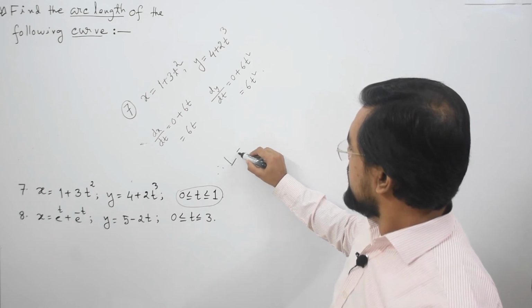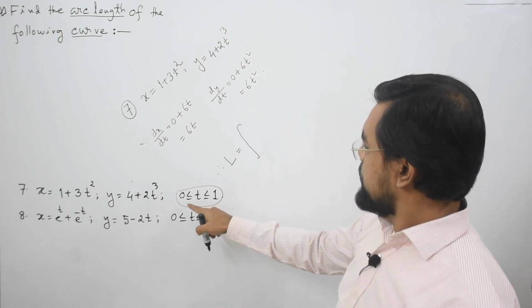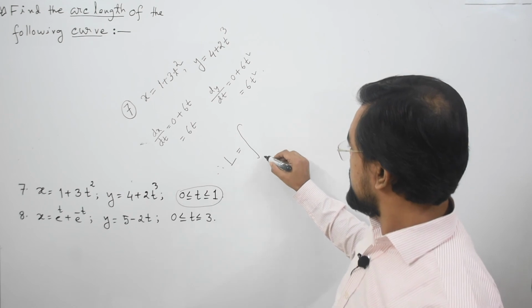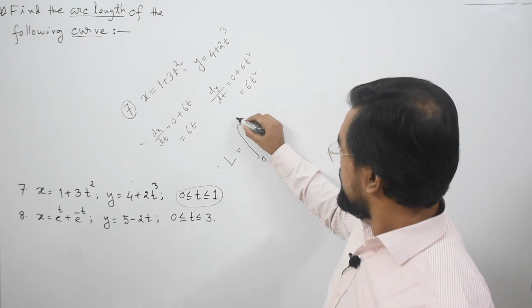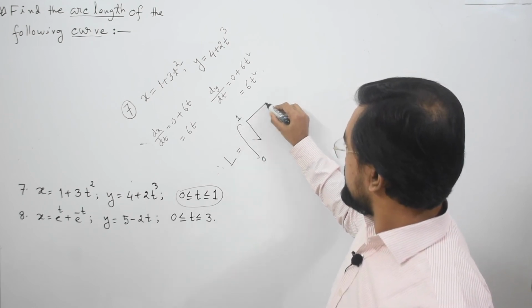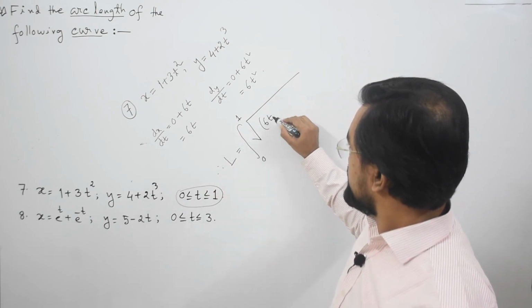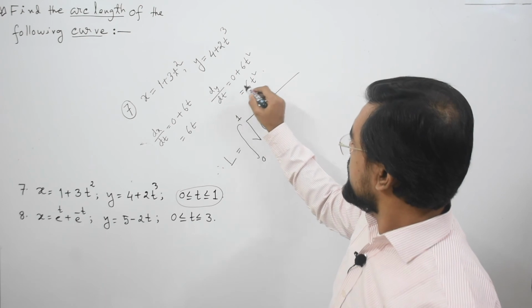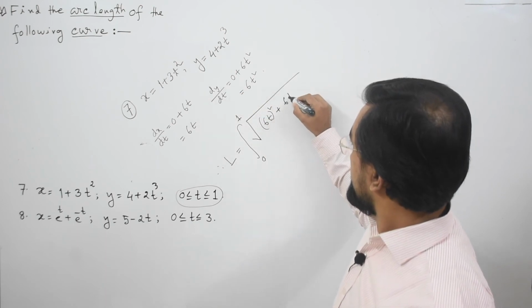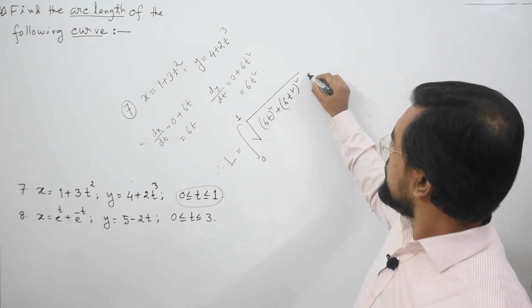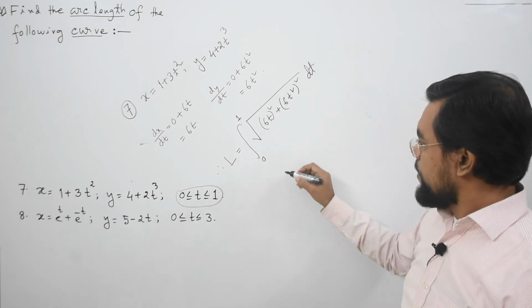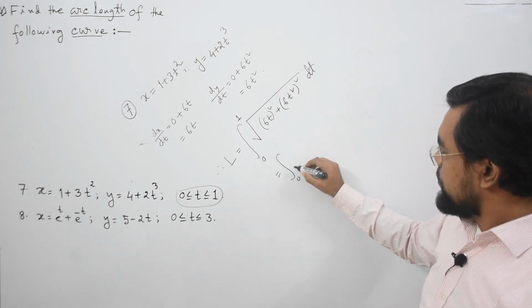Therefore arc length L equals the integral from 0 to 1 of the square root of (dx/dt) whole square, so (6t) whole square plus (dy/dt) whole square, (6t²) whole square, dt, and which is equal to the integral from 0 to 1.